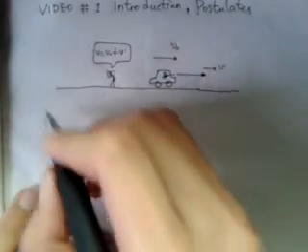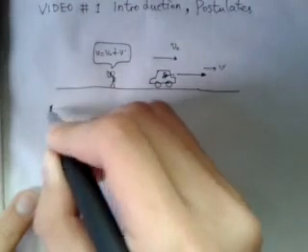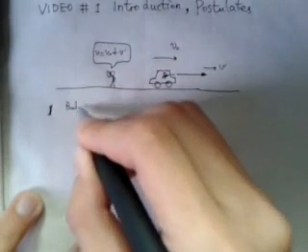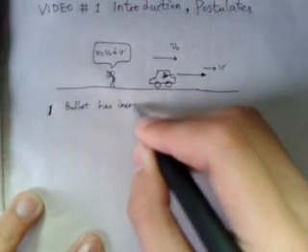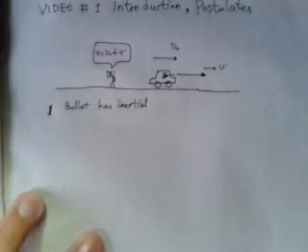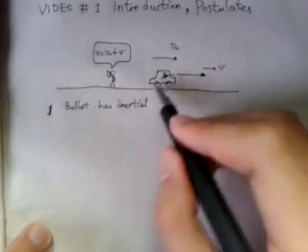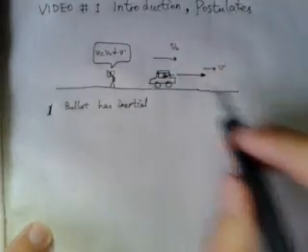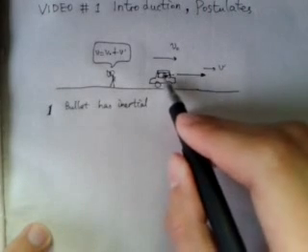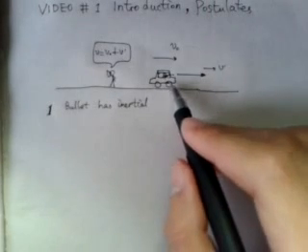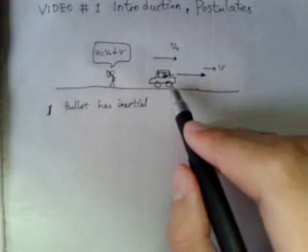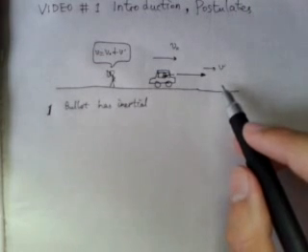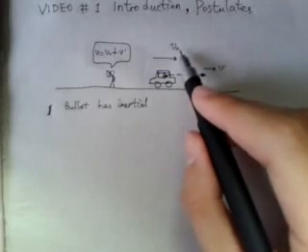The first thing I want to mention is that the bullet has inertia, right? If the man didn't fire the bullet and just carried the gun on the car, the speed of the bullet in the gun is just v0.